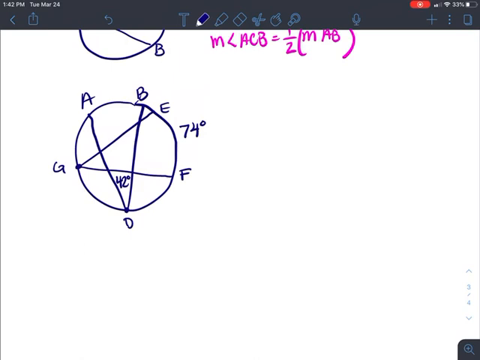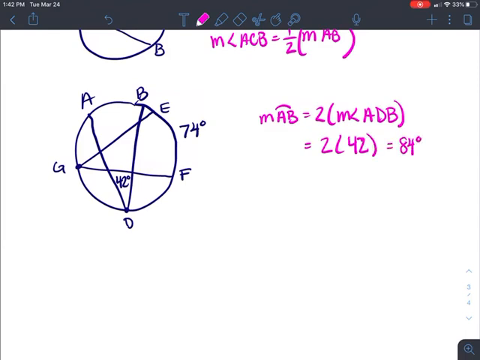Okay, so it says that the measure of arc AB would be 2 times the measure of angle ADB. Okay, so that would be 2 times 42, which would give me a total of 84 degrees.